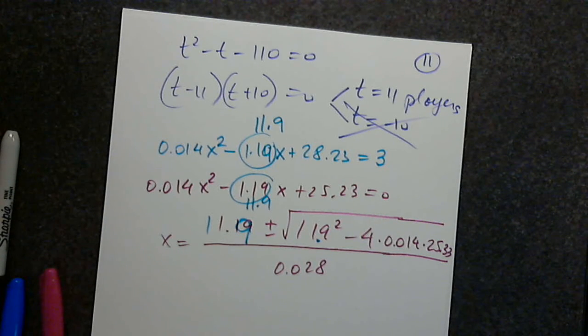Multiply by 25.33. Close the parenthesis under the square root and go outside and divide. Oh, don't forget parentheses outside. And then divide by 0.028. No, there must be a mistake. It's not that. It's not what I was expecting. But it's not possible.